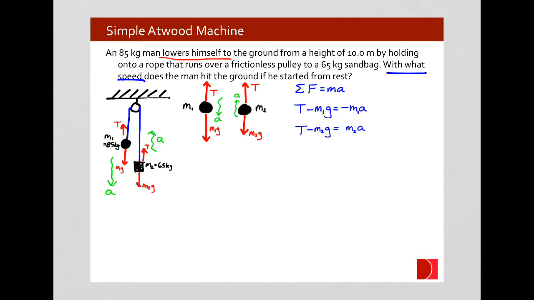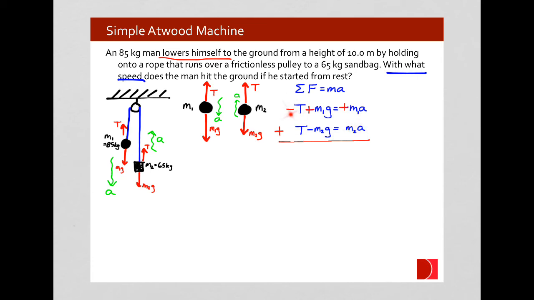So what we're going to do is multiply through by a negative here. That will negate, and that'll make positive our terms. Because now what we're going to do is add these two equations. If this equals that, and this equals that, then this plus this must equal that plus that.